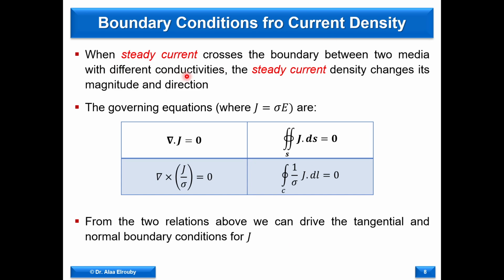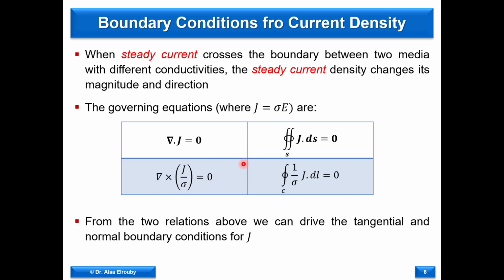So when the steady state current crosses a boundary between two media, and the two media have different conductivity, there will be some boundary conditions. Those boundary conditions are coming from those two equations. The first equation is the continuity equation, divergence of J equals 0, and the other one is the curl of E. Here, because we have free charges, E equals J over sigma, so curl of J over sigma equals 0.